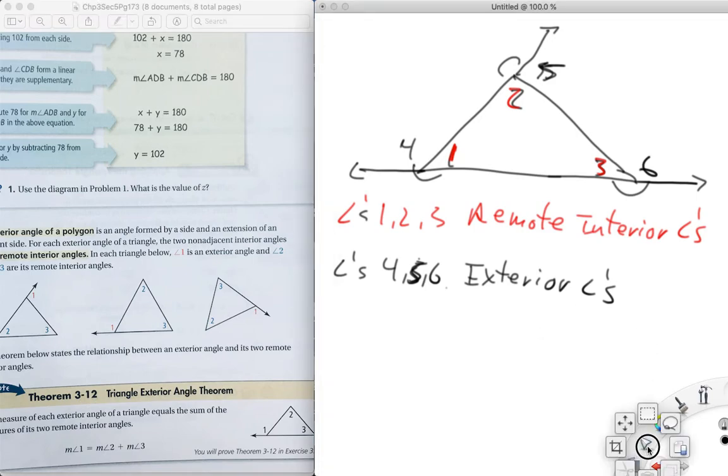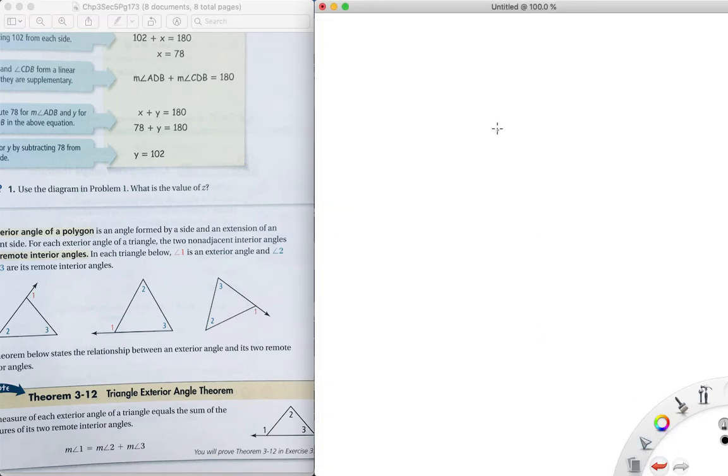Okay, so what does that mean? We have a triangle. The remote interior angles are the angles that are not adjacent to angle 1.